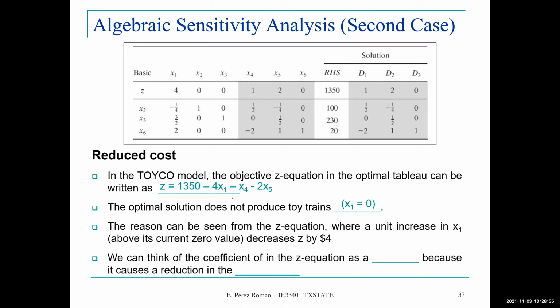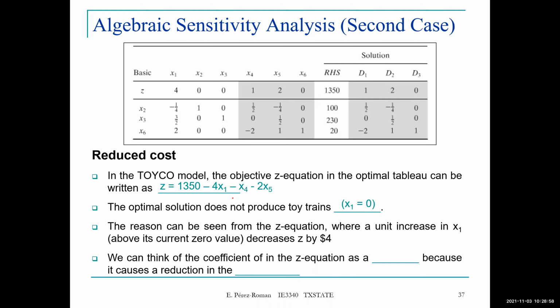This product might be consuming too many of certain capacities of your operations, so it's more expensive for you to produce when compared to the other two. The cost of producing that product is not justified by the profit that you're making. So that's why you end up making 0.